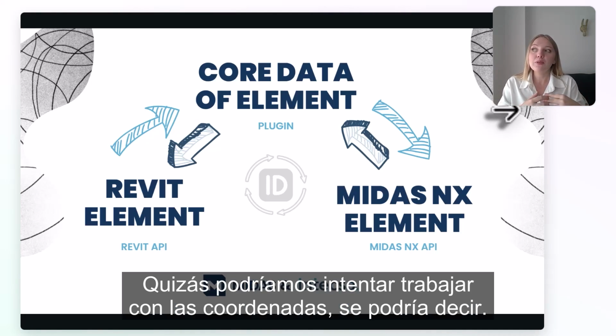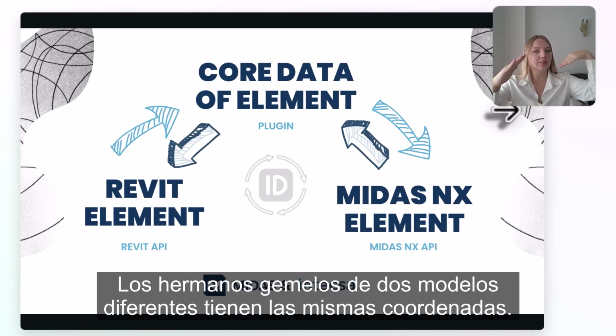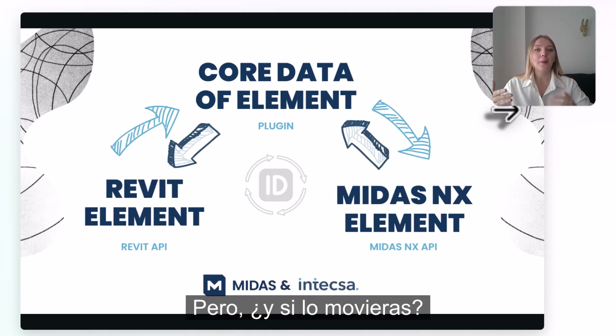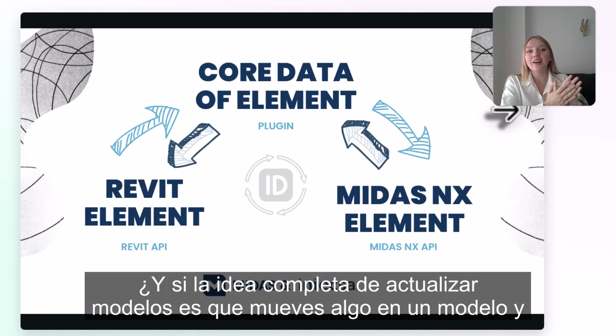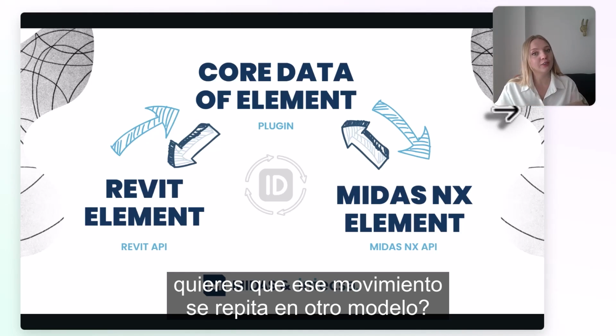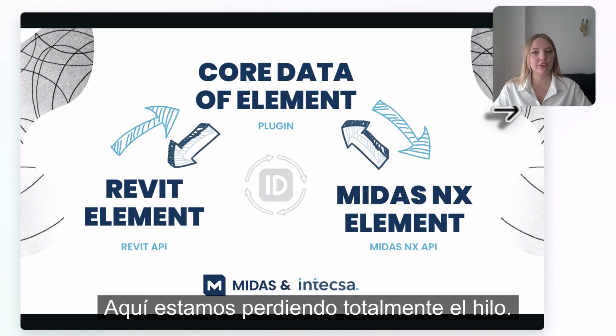Maybe we could try to work with the coordinates, you might say. So the twin brothers of two different models have the same coordinates, but what if you moved it? The full idea of updating models is that you move something in one model and you want just this movement to be repeated in another model, right? So here we are totally losing the track. So how not to lose the track?